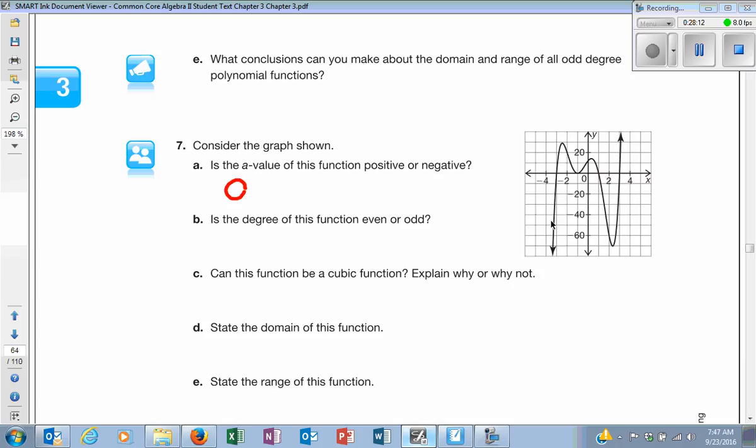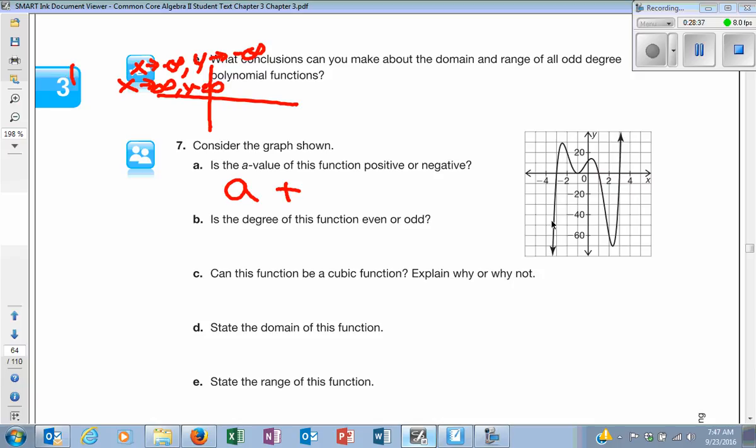I know my a value is positive because I look at my chart, my four-thing chart, and it says if x is going to negative infinity, my y is going to negative infinity, and if x is going to positive infinity, then y is going to positive infinity.